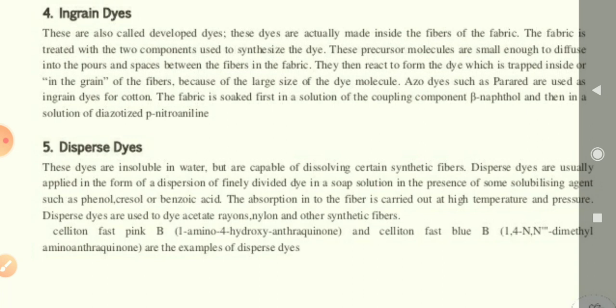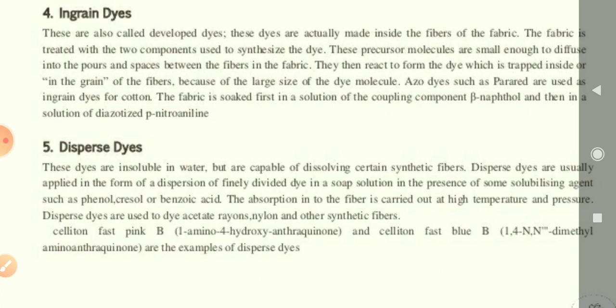Dispersed dyes are usually applied in the form of a dispersion of finely divided dye in a soap solution in the presence of some solubilizing agent such as phenol, cresol, and benzoic acid. The absorption in the fabric is carried out at high temperature and pressure. The dispersed dyes are used to dye acetate, rayon, nylon, and other synthetic fabrics.